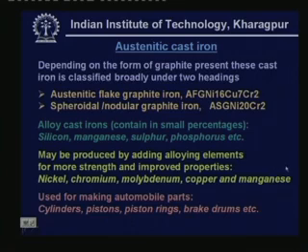Alloy cast iron contains, in small percentages, silicon, manganese, sulfur and phosphorus, all additive features of this austenitic cast iron. These are produced by adding alloying elements for more strength and improved properties.